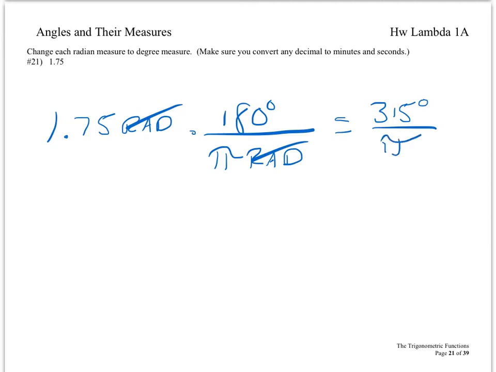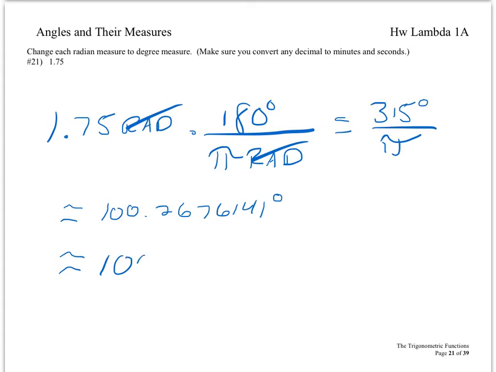If I divide that by pi, I get approximately 100.2676141 degrees. The directions: convert any decimals to minutes and seconds.